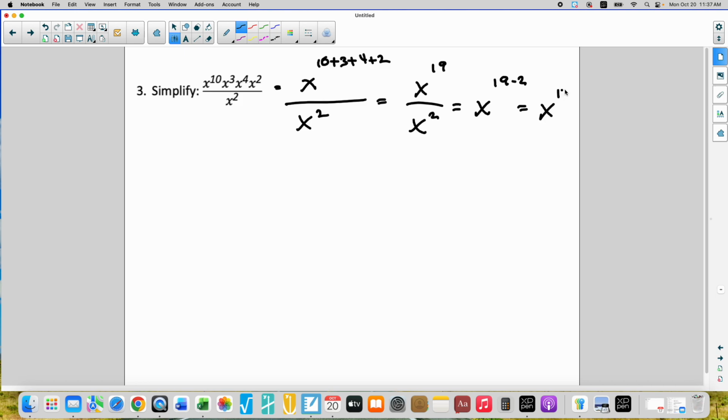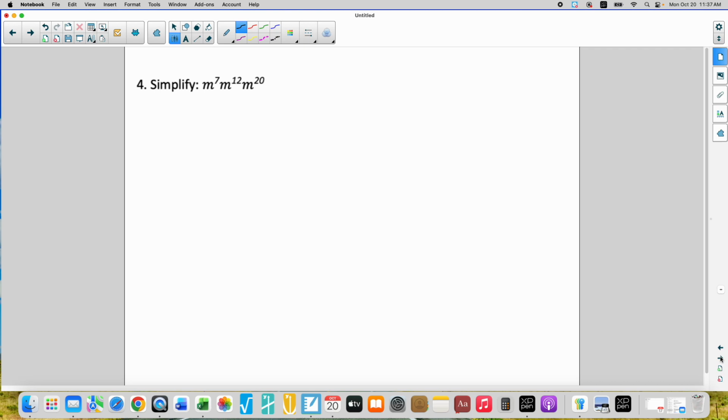So we get x to the 17th. That's nice and easy. We are multiplying like bases, so we will add their exponents. And you get m to the 39th. Yep, good. Everything else is pretty good. I like that. Let's go.